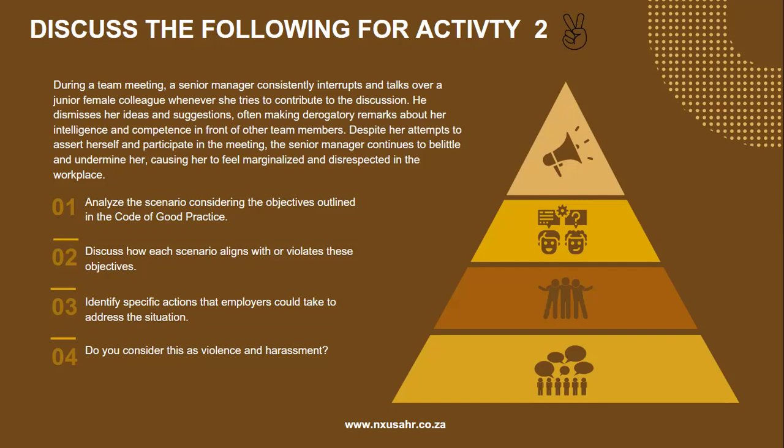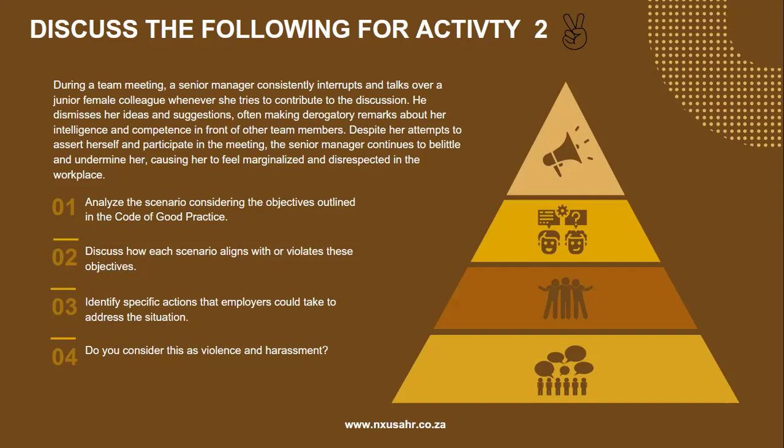As part of our activity, please analyze the scenario considering the objectives outlined in the Code of Good Practice. Remember, the objectives are to eliminate harassment, violence, and discrimination in the workplace, to provide guidelines to employers and employees on eliminating them, and to identify steps that employers should take to eliminate harassment in the workplace.